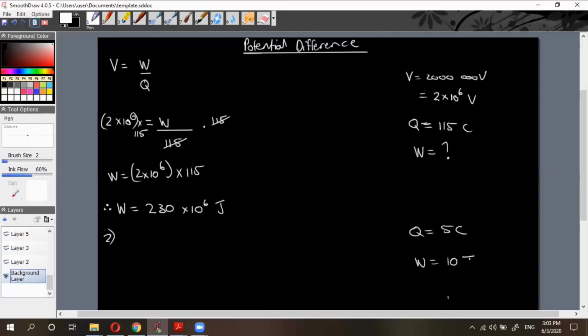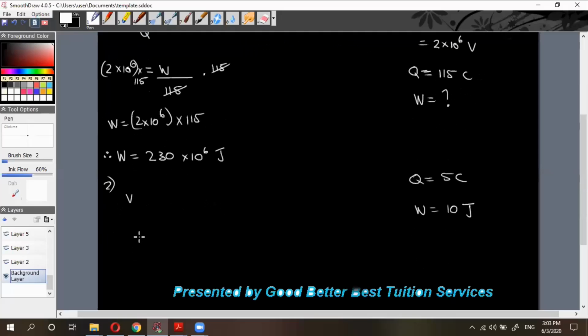We had to calculate the potential difference or the voltage. So we write out our formula: V is equal to W over Q. It's a straightforward one. We just substitute 10 divided by 5.